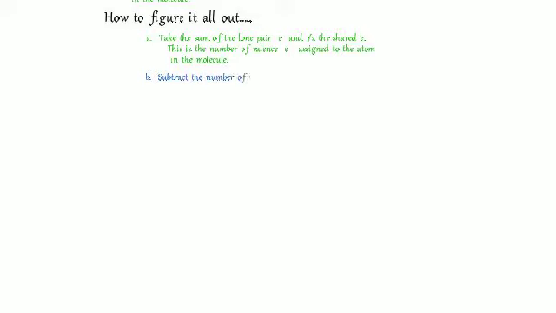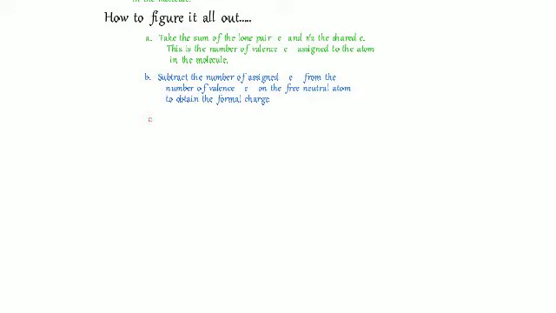B: Subtract the number of assigned electrons from the number of valence electrons on the free neutral atom, one that's not part of a molecule, to obtain the formal charge.